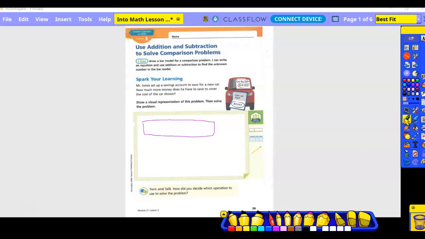So what we're going to do first is draw a big bar, and that does the total. So in that, we're going to write our $18,469. Then, how much has he already saved for the new car? $3,553.